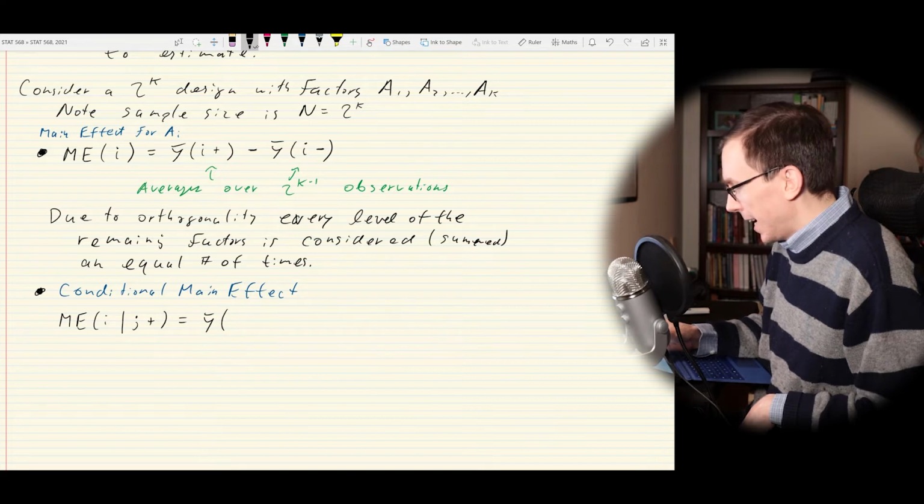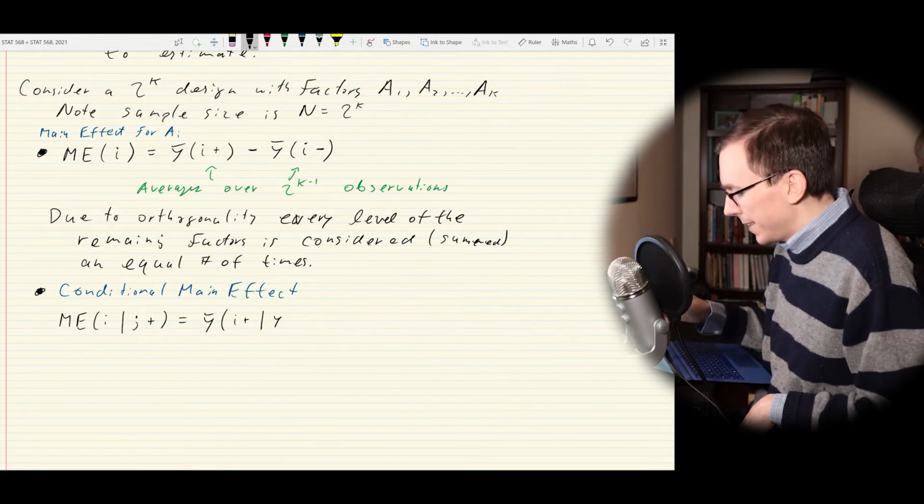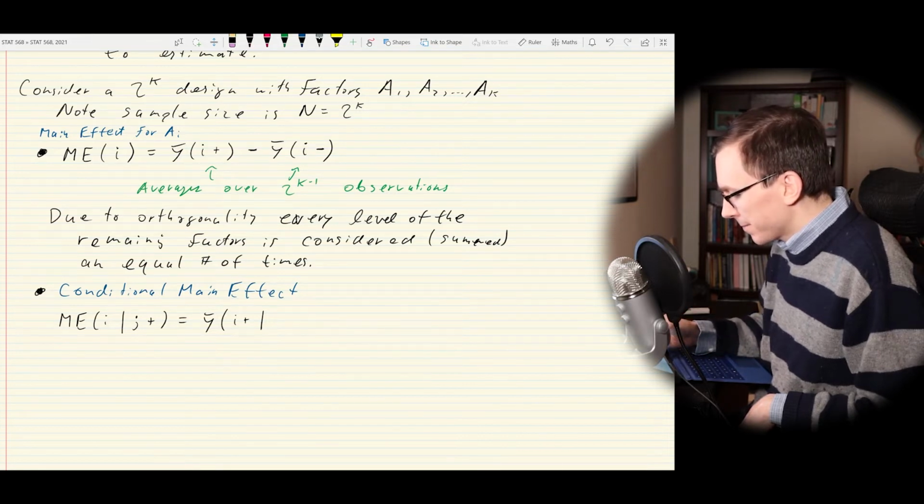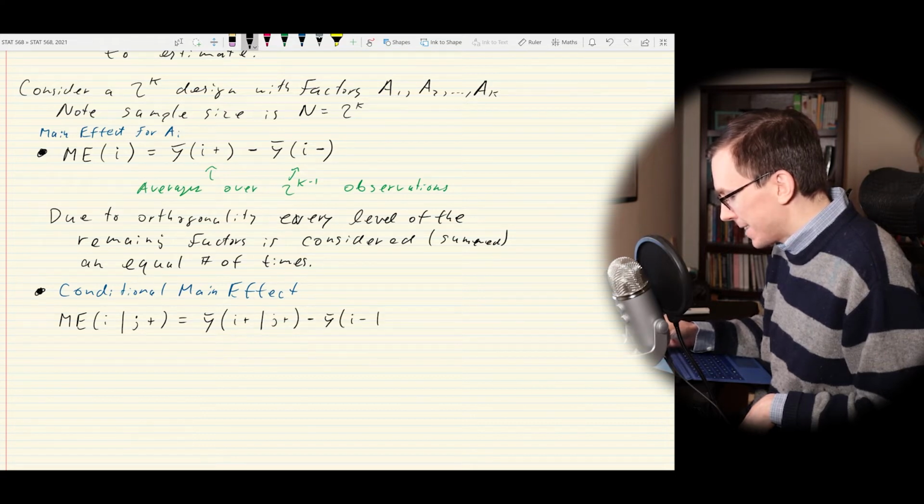So notationally, I can write this out as the average of y over I at plus and j at plus, minus y bar over I at minus and j at plus.